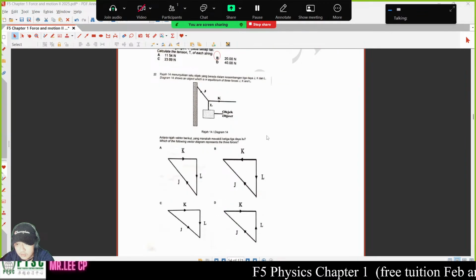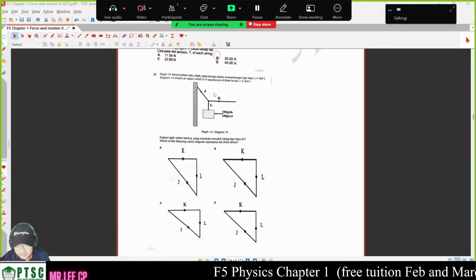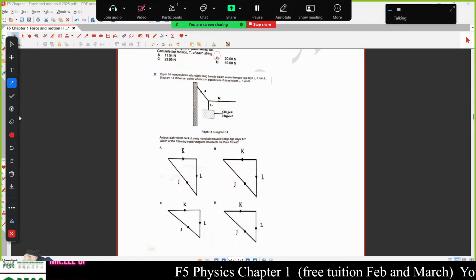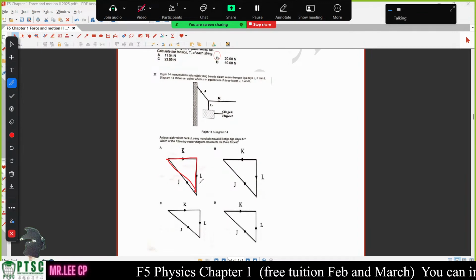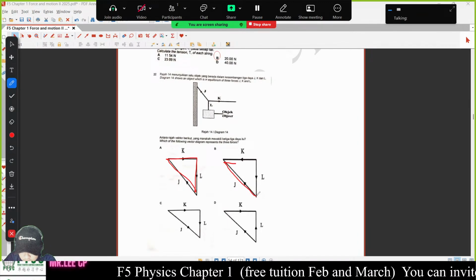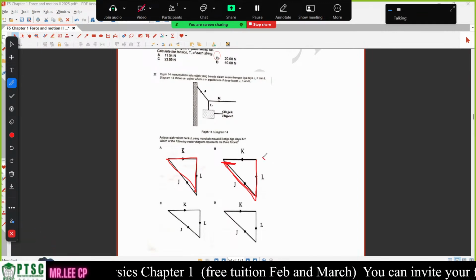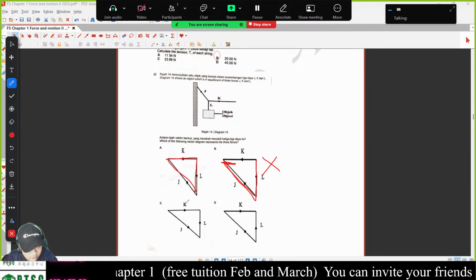So we continue. Now, diagram shows the object is in equilibrium. So you see, when equilibrium, it must go in one round. Cannot. This one is not equilibrium. Alright, so very easy to identify them.